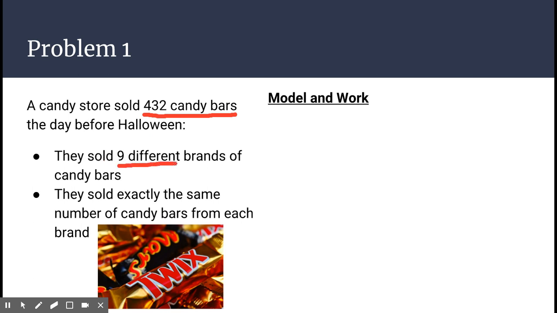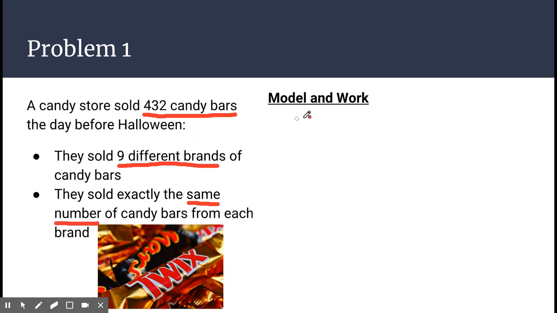And if I look at this picture, I see some Twix, some Mars, Kit Kat and other kinds of candy bars. I'm not really good at candy bar brands, but 9 different kinds, 432 total. And then in the last sentence, they sold exactly the same number of candy bars from each brand. So that I think is going to be important.